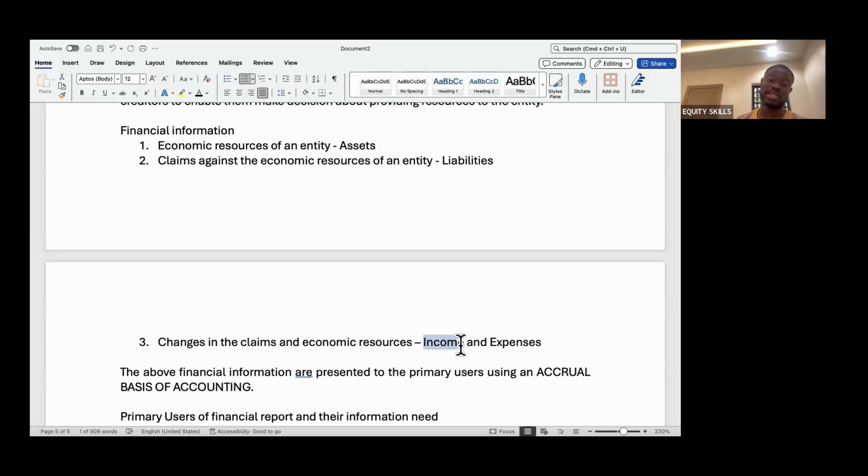So you will not recognize all that. You will miss a lot of things. So all information that we are going to put in the report, everything I'm going to teach you, this conceptual framework is saying that we recognize it based on accrual basis of accounting, which is that let your information be recorded economically.